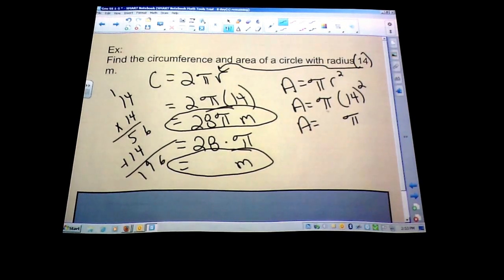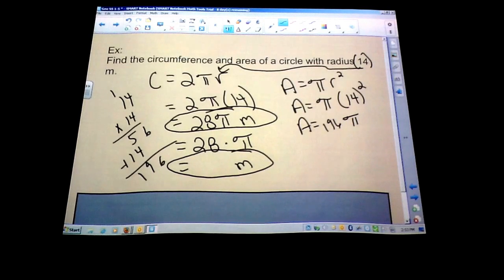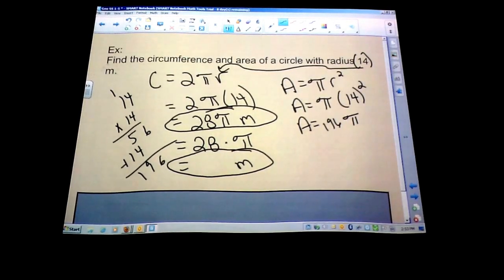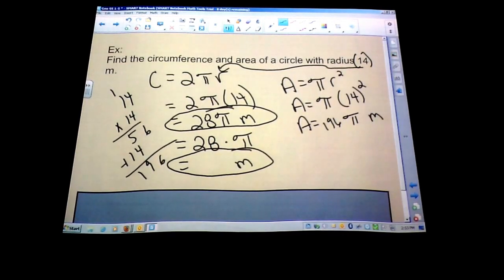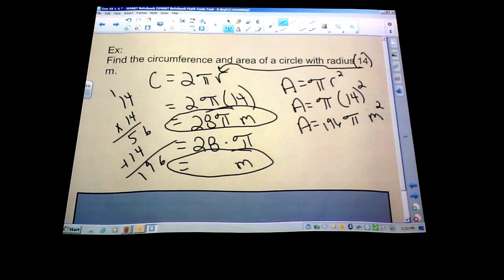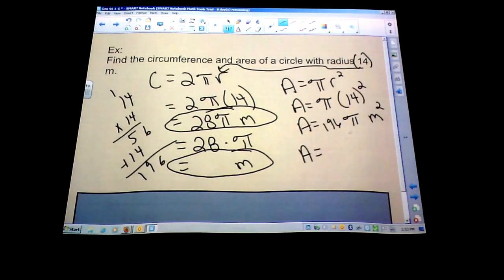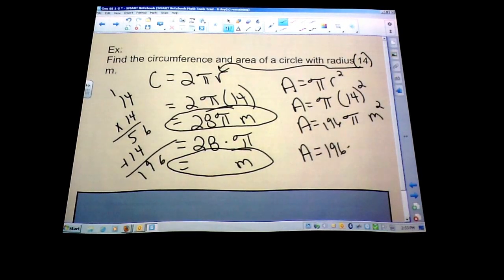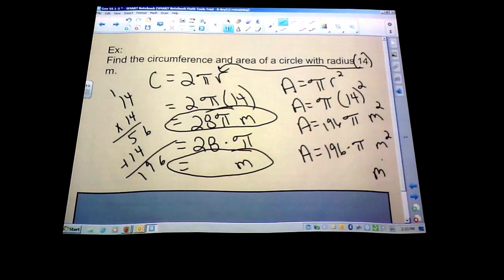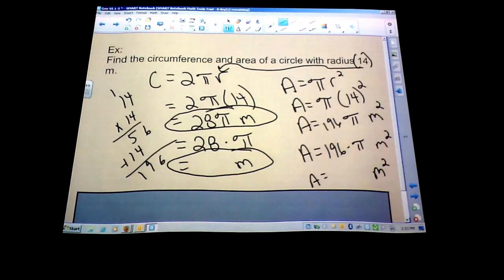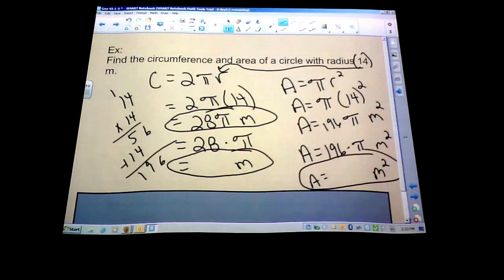So it looks like 196 would be in terms of pi. Now area, when I'm talking area, my units is always going to be squared. So make sure that I label my area in meters squared, and then again, I would use the pi key, 196 times the pi key, if it wanted it to the nearest tenth of a meter. So we'd multiply that out.